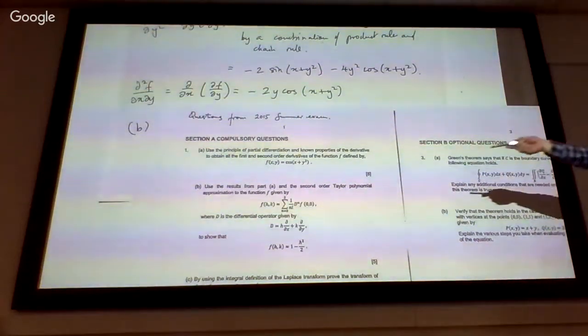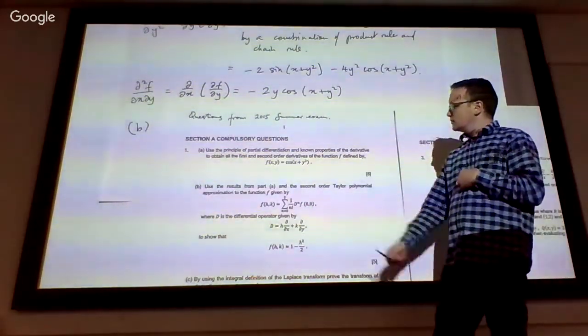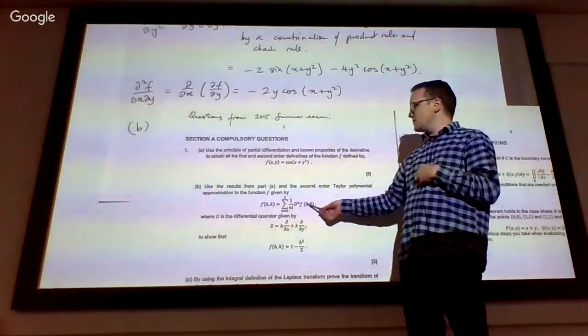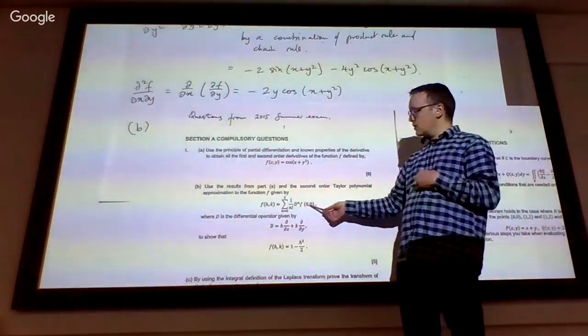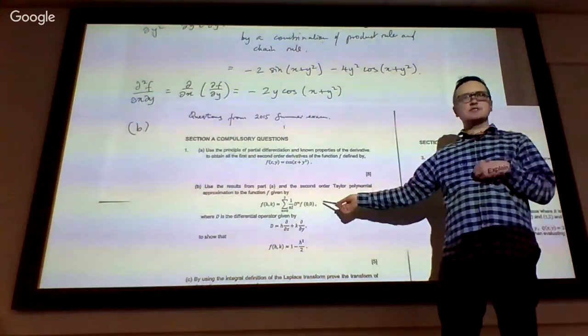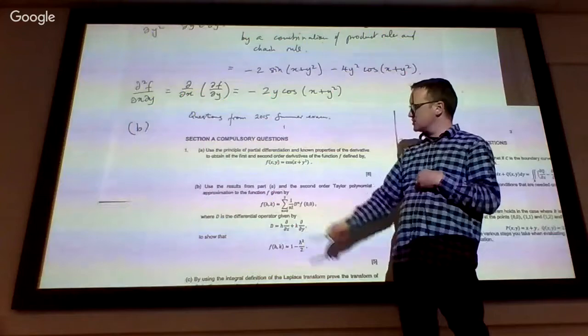You're given the formula for the Taylor series here. We recognize here that it's an expansion about the origin because the derivative operators are always evaluated at the origin, 0, 0. We're only going up to order 2.